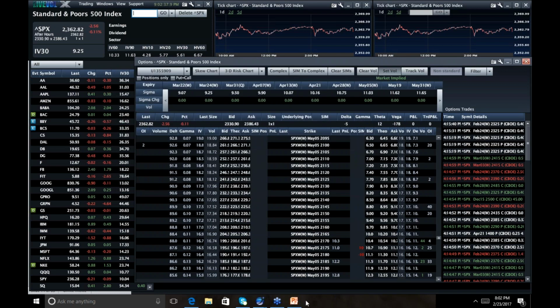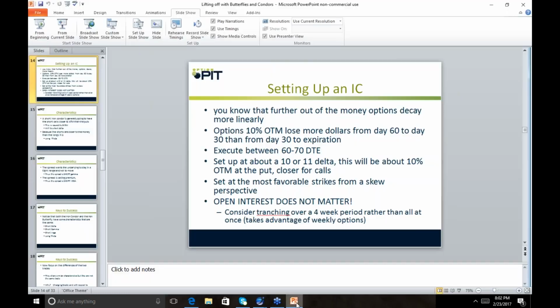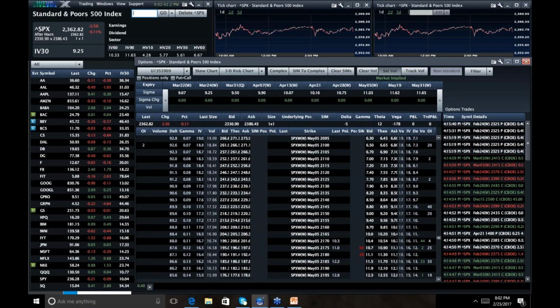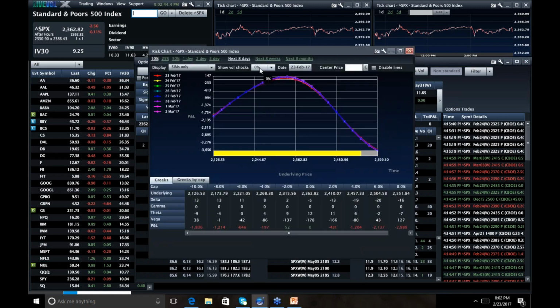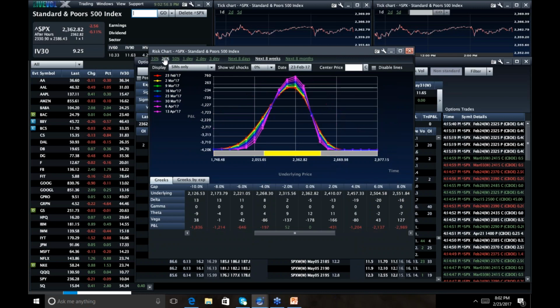All right. So now let's look at the risk chart on that. We'll go out 8 weeks, and you can kind of see what it looks like.